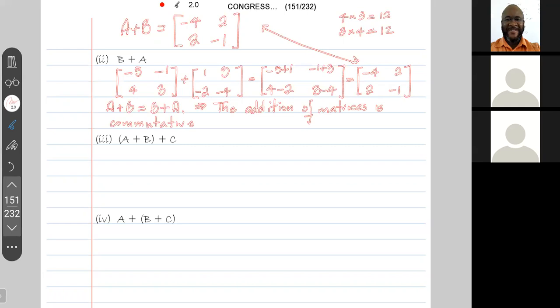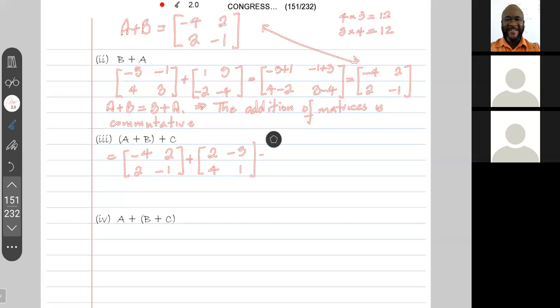Guys, next we're asked to do A plus B in brackets plus C. The brackets are telling us that we must do A plus B first. Now, we already did A plus B, so we don't need to do it again. So A plus B, which is minus 4, 2, 2, minus 1, plus C. And C is 2, minus 3, 4, 1.